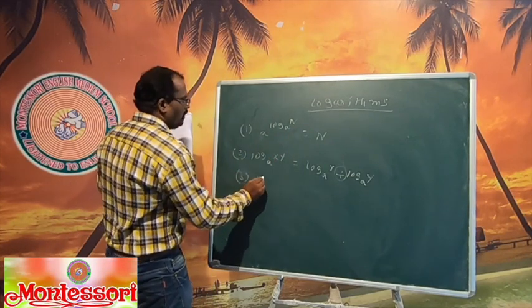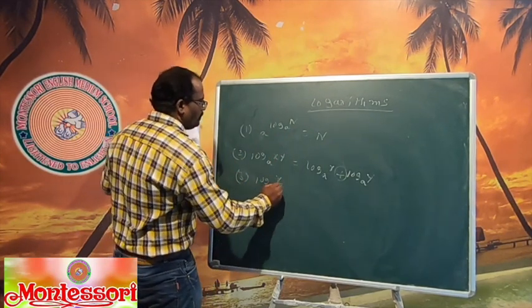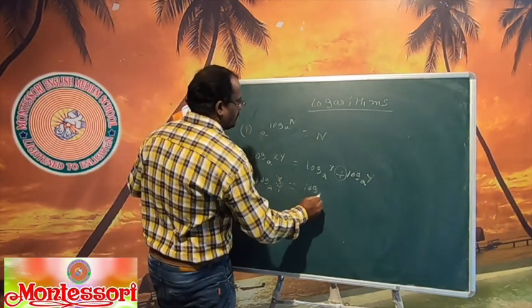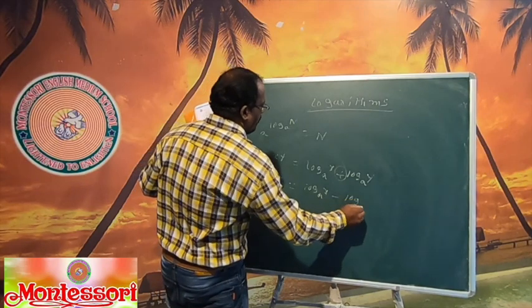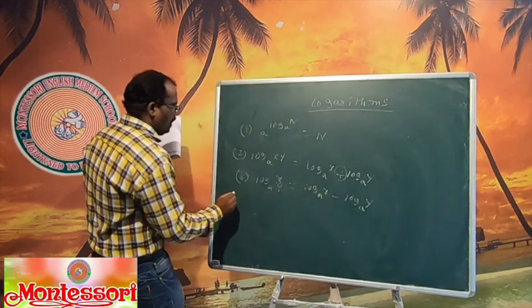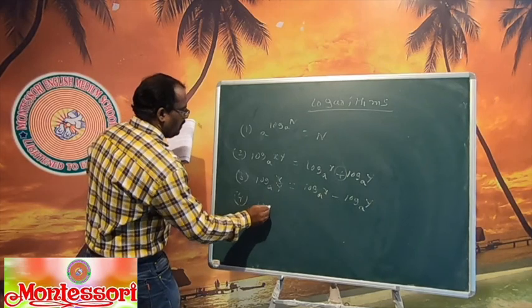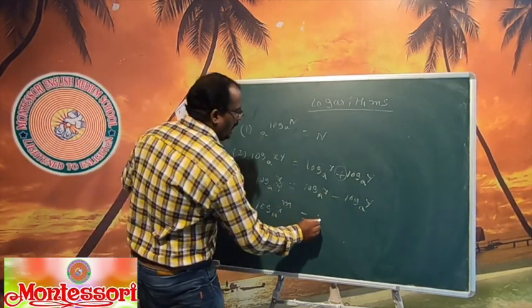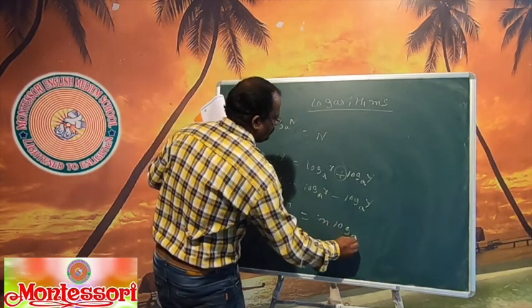Third, log of a x power y is equal to log a power x minus log a power y. And fourth, log of a power x power n is equal to n log of a power x.